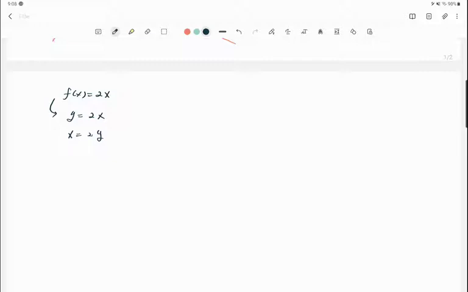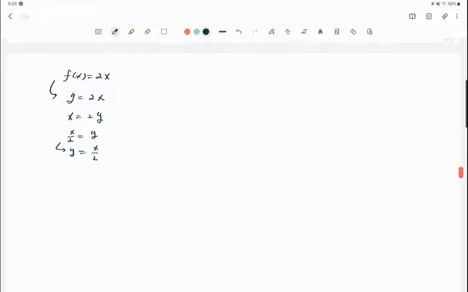And then solve for y. Okay, so divide each side by 2 so that y equals x over 2, right? Then this x over 2 is the inverse. So you can write it as y inverse.